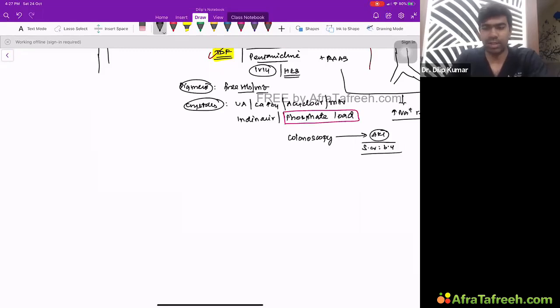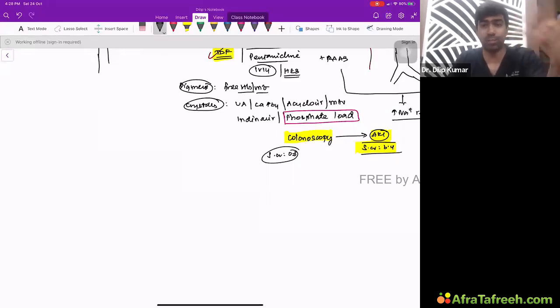So you can imagine, after colonoscopy, you're having creatinine of 6.4. You'll be thinking about what's happening here. They will also give that initially the patient had a serum creatinine of 0.8 before colonoscopy. And after doing the colonoscopy, within some 3-4 days, the patient came with weakness. You check the creatinine, it is 6.4.